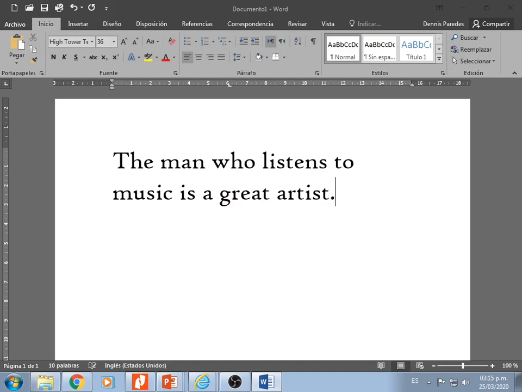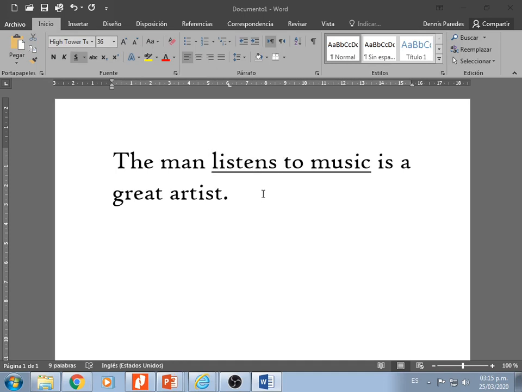If you take a look at this, "who listens to music" is the relative pronoun clause. So in this case, because we are referring to the same person, we are going to omit "who", and then we cannot say "the man listens". Here, we're going to change it into the -ing: the man listening to music is a great artist.